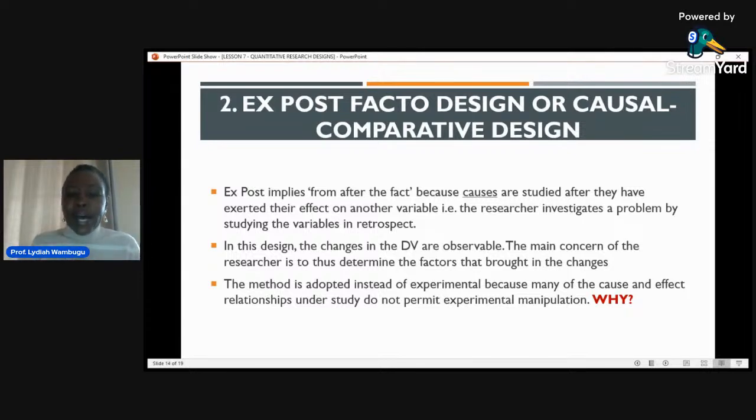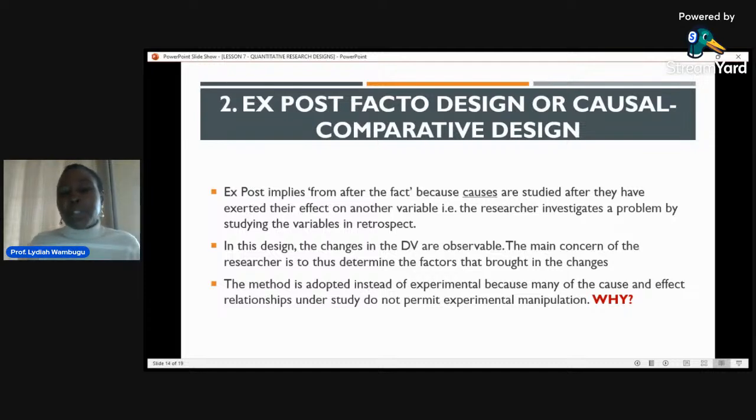So in this design, changes in the dependent variable are observable. You can already see the change, just like you are going to hospital when you already have a stomach ache, when you already have a problem. So you as the doctor, the concern is what brought about this stomach ache. In research, the main concern of the researcher who uses ex post facto is to determine the factors that brought in the changes.